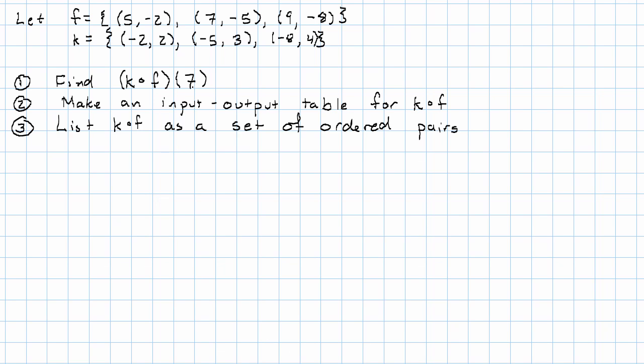First find k composed with f of 7, practicing with the notation. Then make an input-output table for k composed with f, just like we did earlier in this video. And finally, list k composed with f as a set of ordered pairs. Pause the video and try this now.